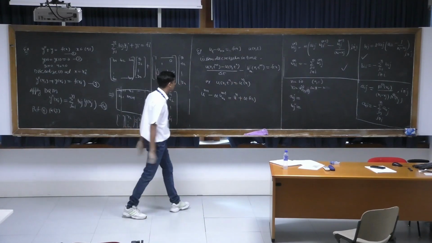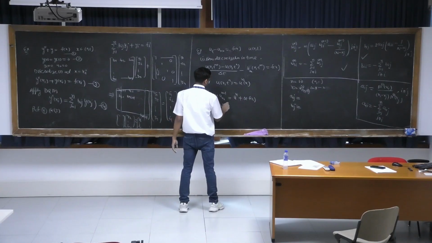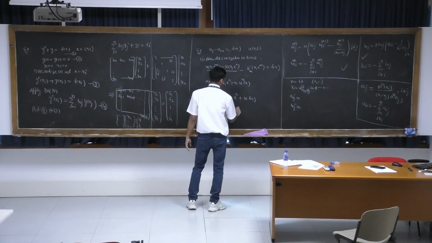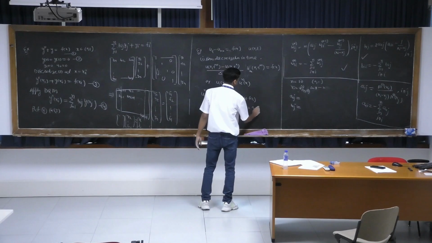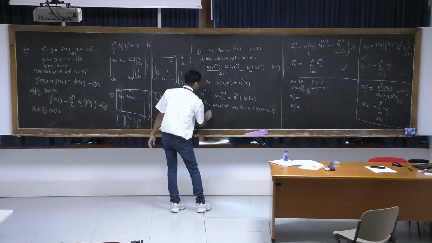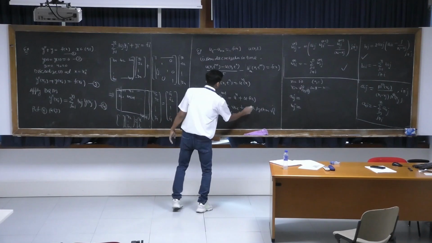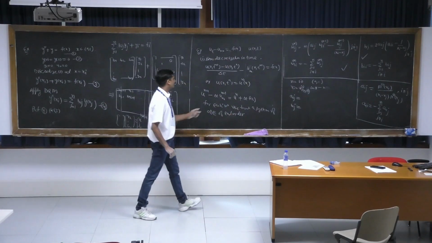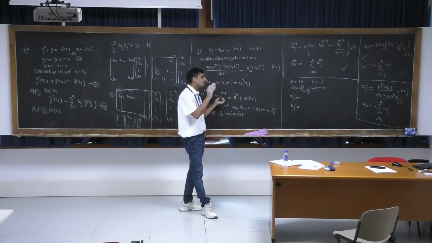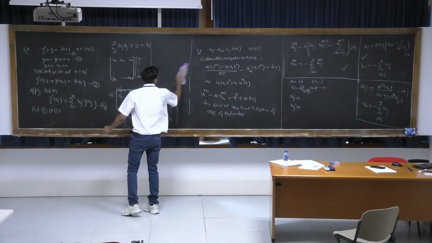Now you can see that for each n we have a system of ODE of second order, because after discretizing, this partial derivative becomes a simple derivative in x only.